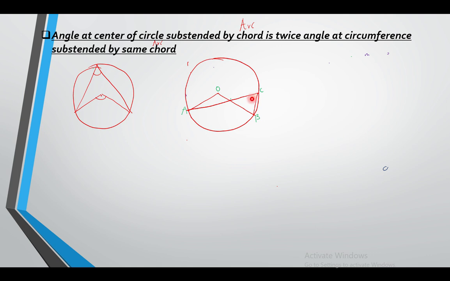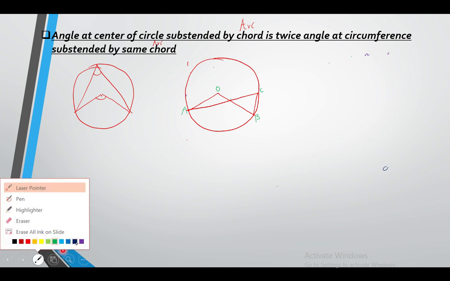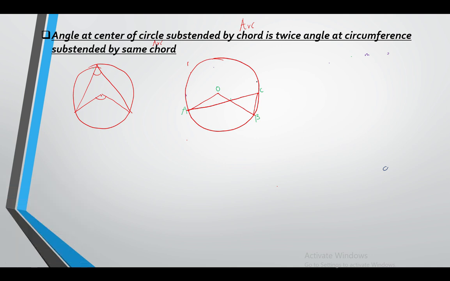So the angle at the center is twice the one at the circumference because they are subtended by the same arc. We need to prove even here that indeed the angle at the center is twice the one at the circumference. So what you do, you still construct, you join the line CO.